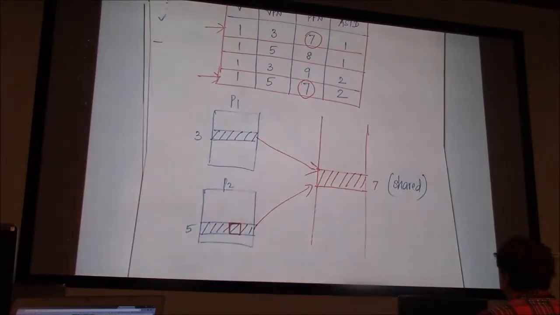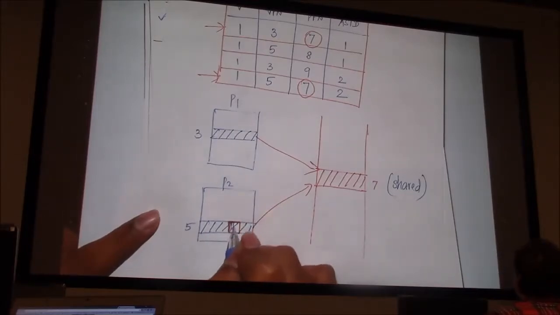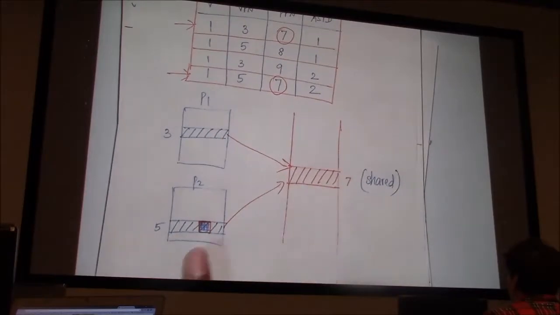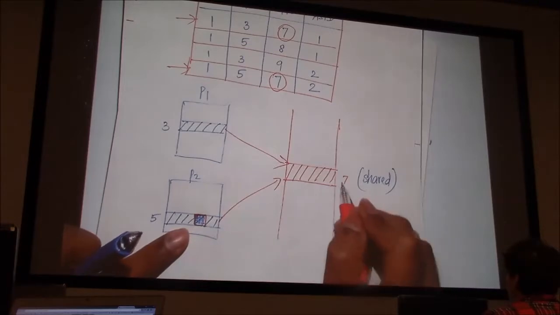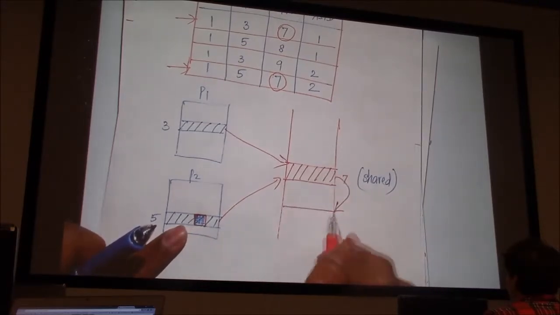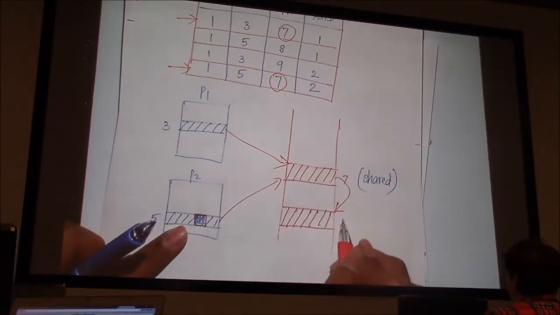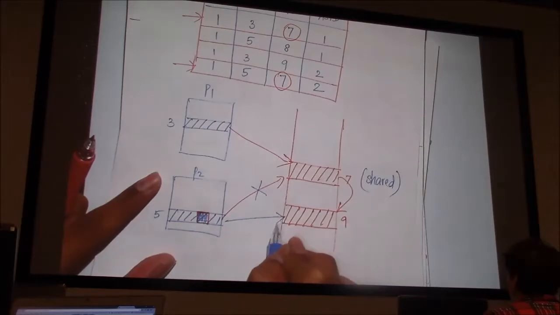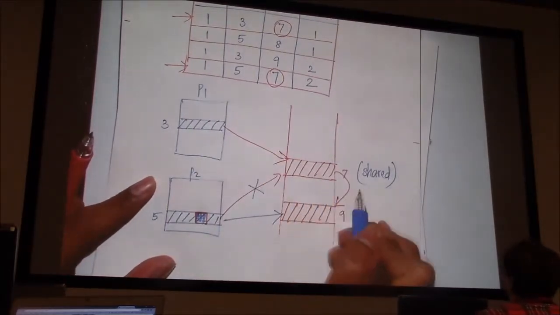This is a different scenario, where I'm thinking about forking currently. After a fork, if P2 is changing some particular information here, then after that we can't share this virtual page. So whenever it starts to write something, this physical page will be copied somewhere, and so let's say this is 9 or so, and hereafter this will be using a new physical frame, and this will be using the same old physical frame.